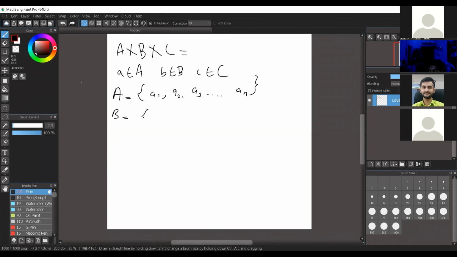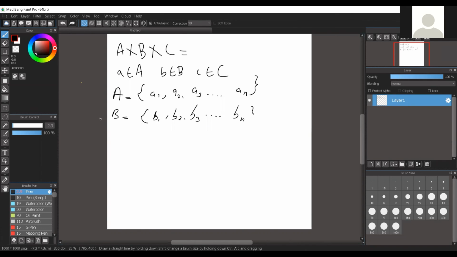Similarly, set B equals B1, B2, B3, going on to Bn, and C equals C1, C2, C3, going on to Cn.